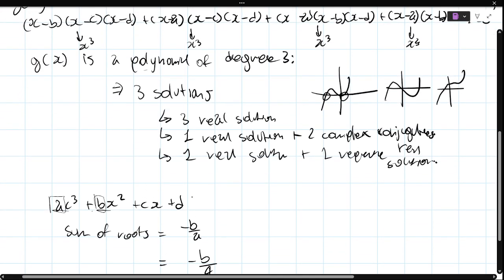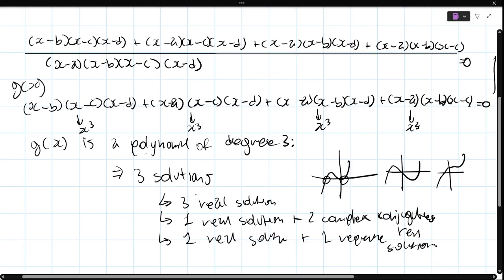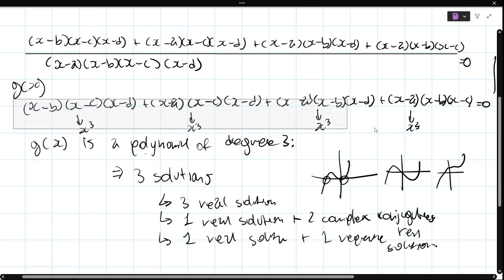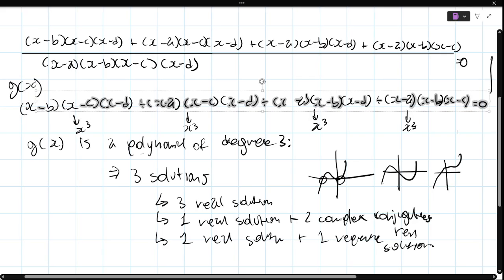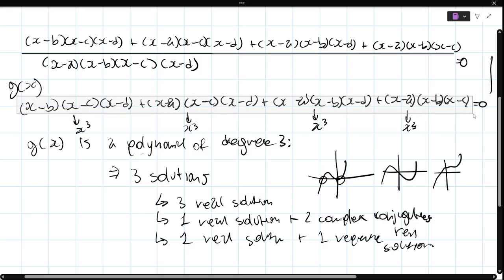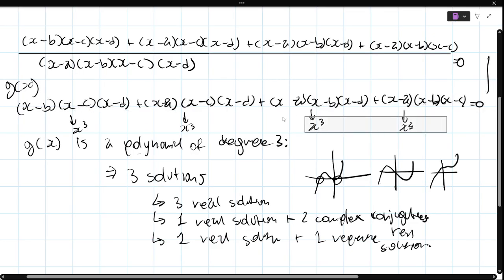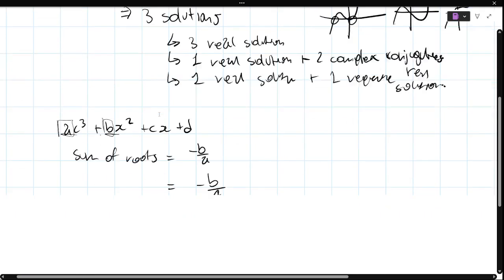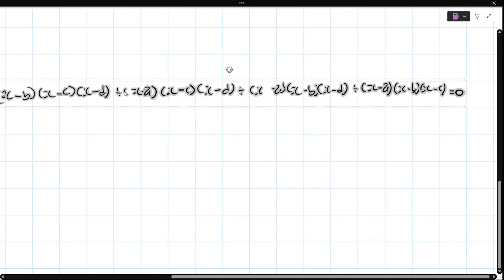So the sum of my roots, the coefficient of my x squared term. How am I going to work this out? Now, if you think about it, I can turn all of this into a quadratic times a cubic. So let me first get rid of this and that. Okay, so I'm going to bring this down here.